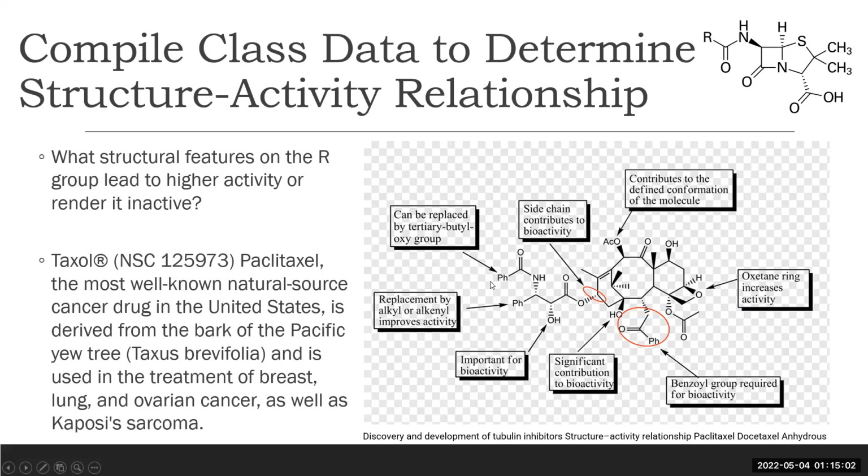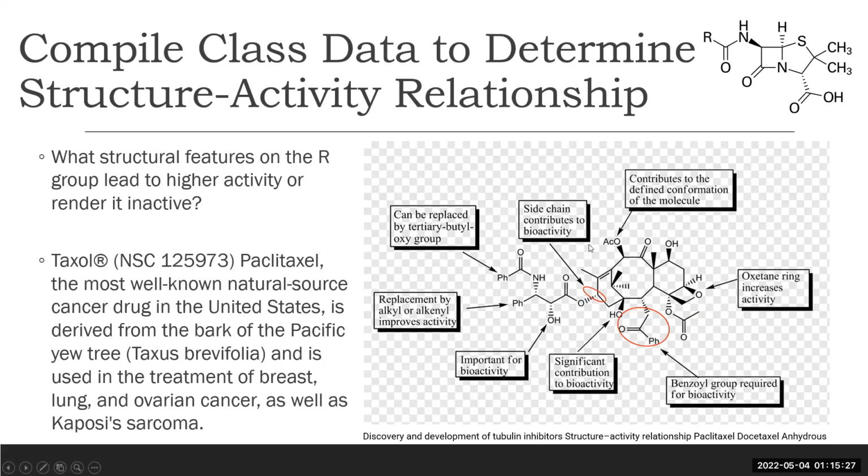They noted, after making several derivatives, that it's still active if it's replaced with a tert-butoxy group, which would be an oxygen and then a tert-butyl group. But the side chain here is important for activity. You can't just take this entire part off and still have an active molecule.